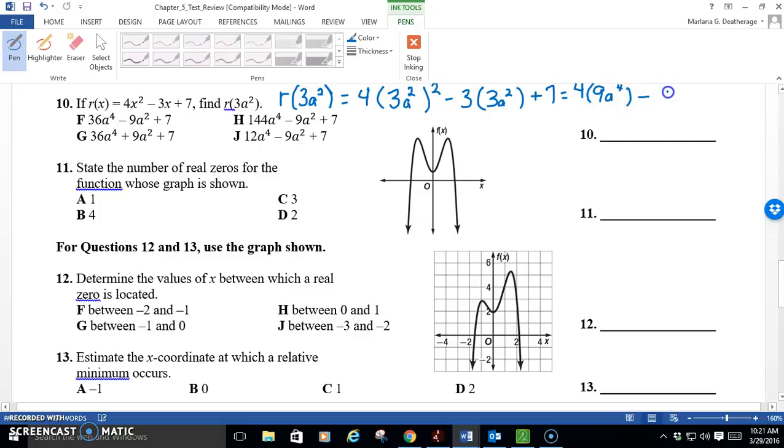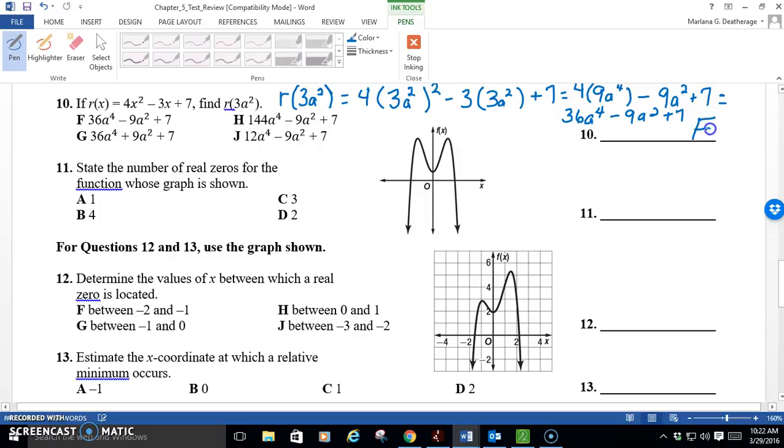So that'd be negative 9a squared plus 7. Now I just need to multiply my 4 times 9a to the 4th. So that would be 36a to the 4th minus 9a squared plus 7. There's no more simplifying that can be done. So that would be F.